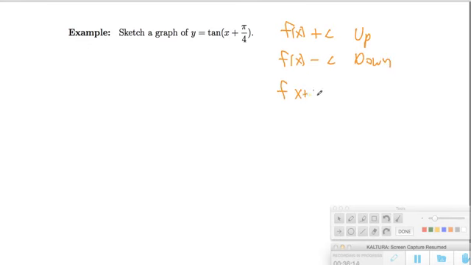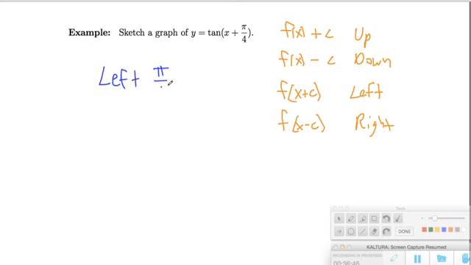If you combine x with a positive constant inside of the function, that's a left shift in general. And if you subtract from the x value, that's a right shift. So what we've done here with a graph of y equals tangent of x plus pi over 4 is we've indicated that we would like to do a left shift, pi over 4 units.